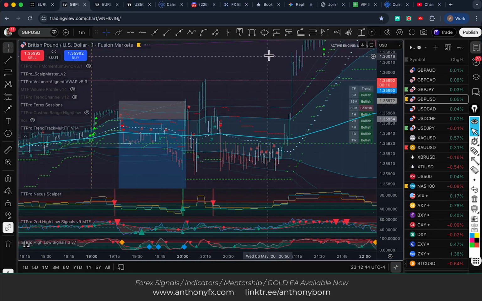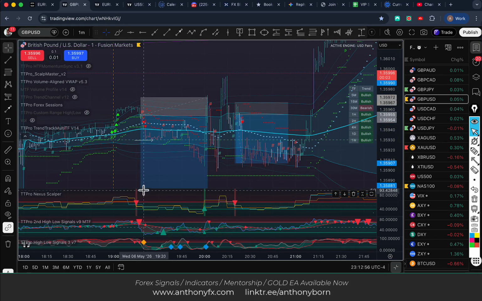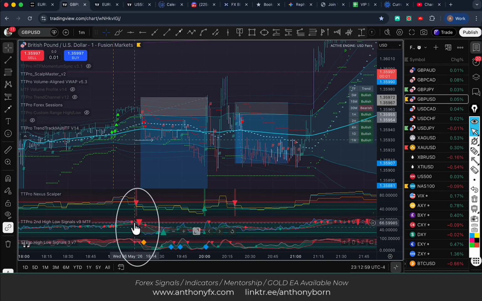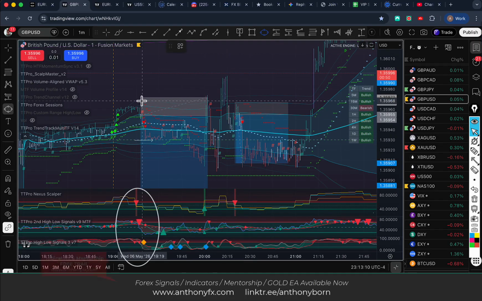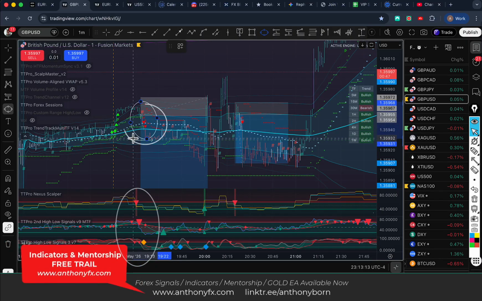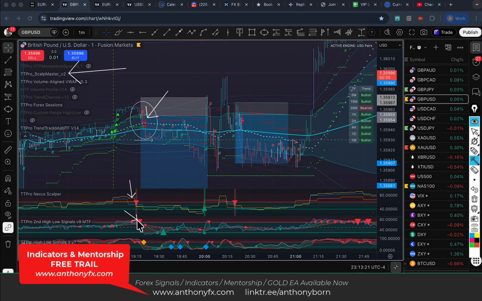This is special. So here's the thing with this. Look, there's another one there. When you see the confluence of these 3 indicators, this is your main one, but then when you see the confluence of the red signal below and below, run. And if you see this, it's all systems go when you see these pulse alerts coming off the Scalp Master, and then you've got that one, this one, and that one.